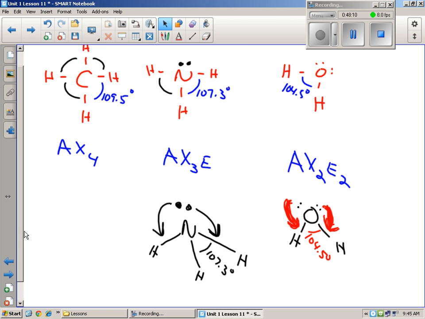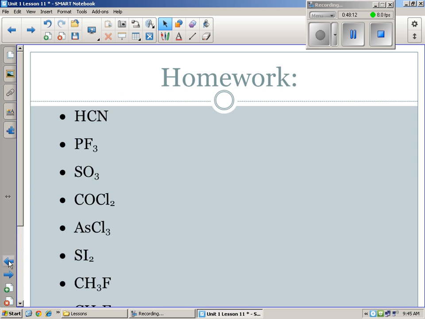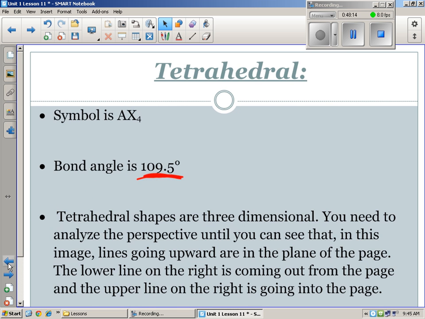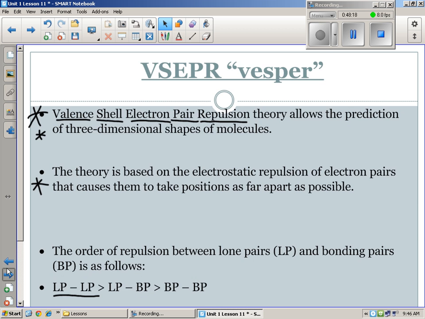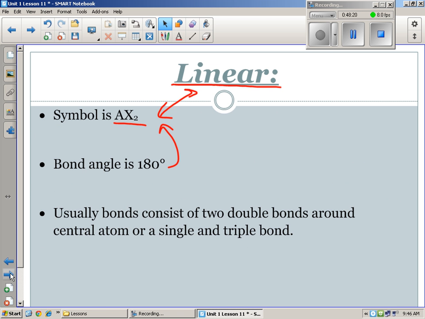Just going back here for a sec, just a little reminder. There's only one with two things around it. It's AX2. So there's only one linear structure, AX2. That is it.